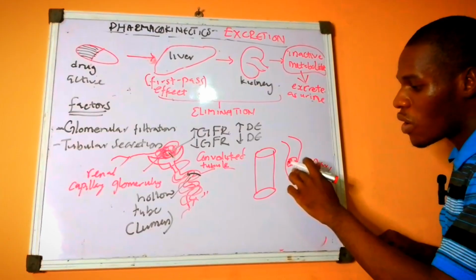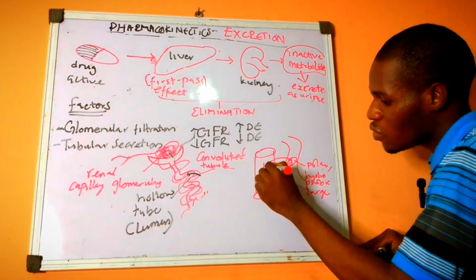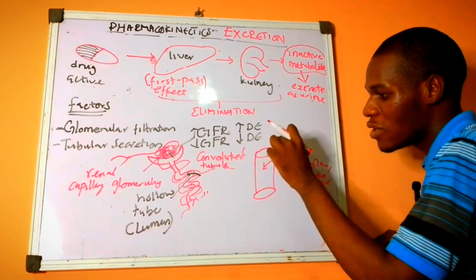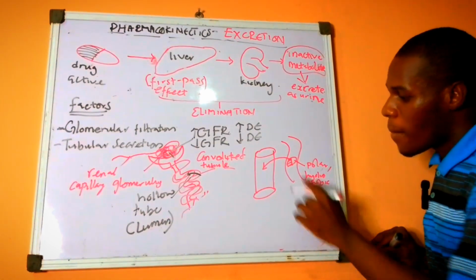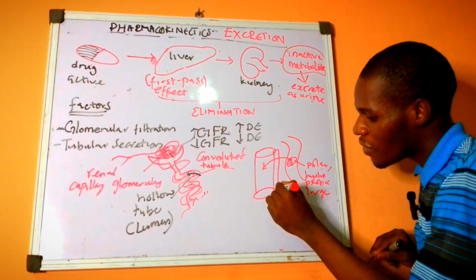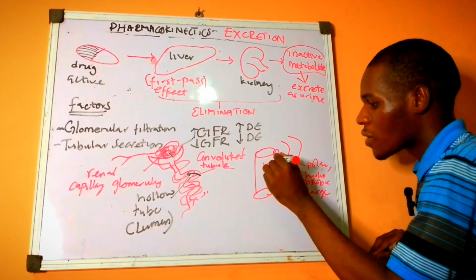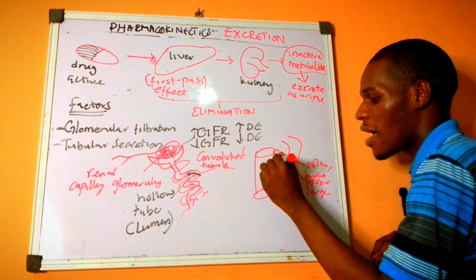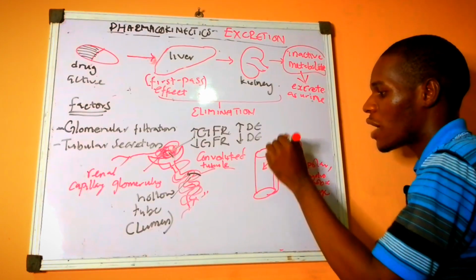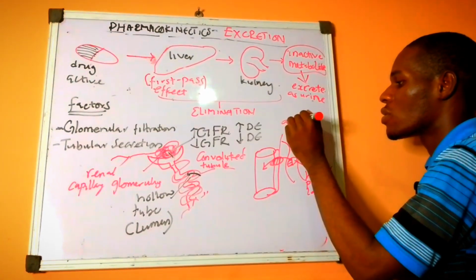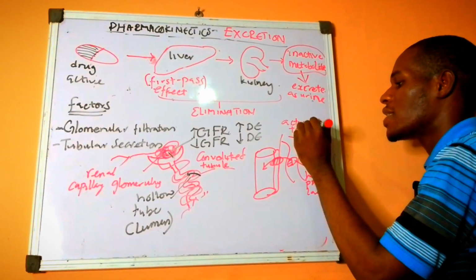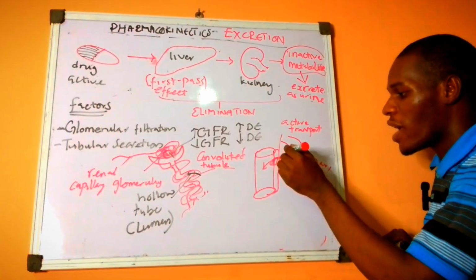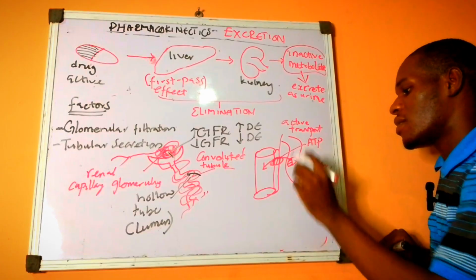This particular drug will diffuse against its concentration gradient into the kidney tubules by means of carrier proteins that undergo active transport. Remember, active transport is against the concentration gradient, making use of energy in the form of ATP.